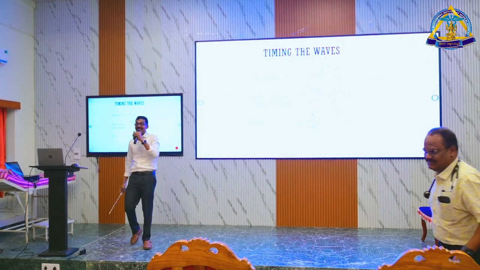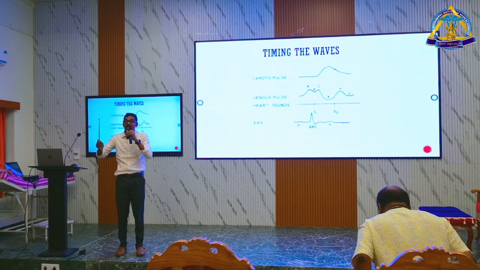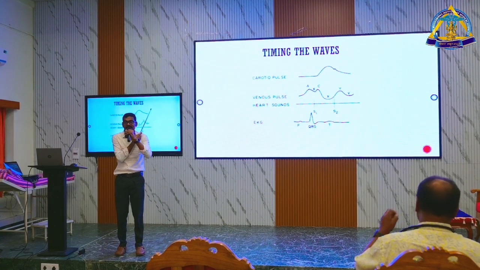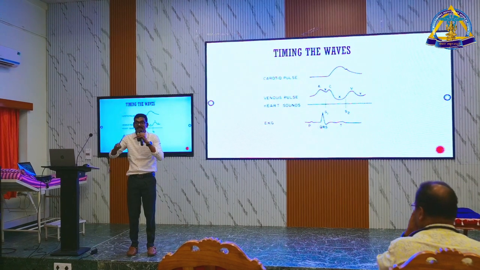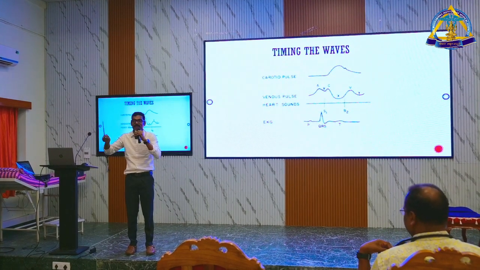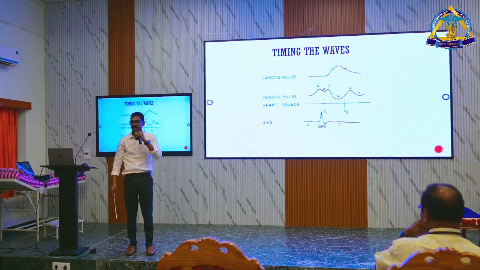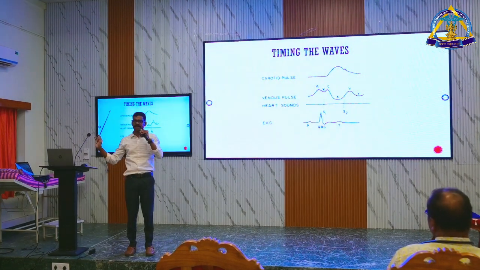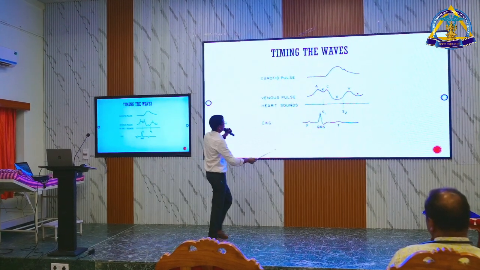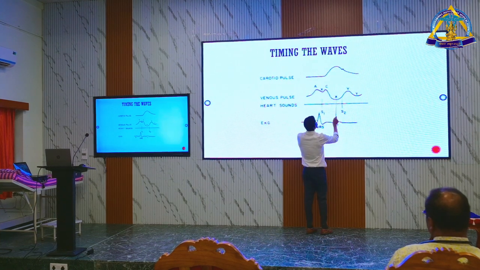So if you can palpate the carotid pulse on the other side and you see a wave which happens in synchrony with the carotid pulse, that is the V wave. Out of sync with the carotid pulse is the A wave. Very simple. You remember this diagram because systole, this part X is the systole.